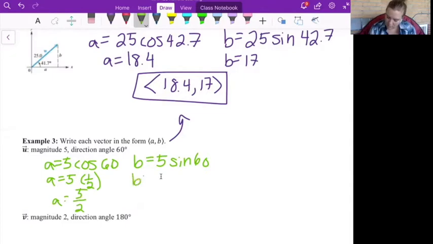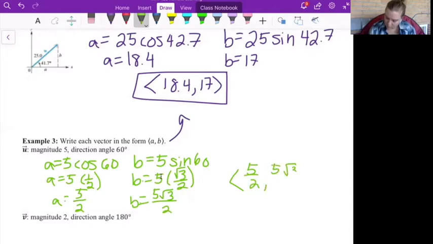And then B would be 5 times √3/2. And so we just write that as 5√3/2. So then our vector would be <5/2, 5√3/2>.